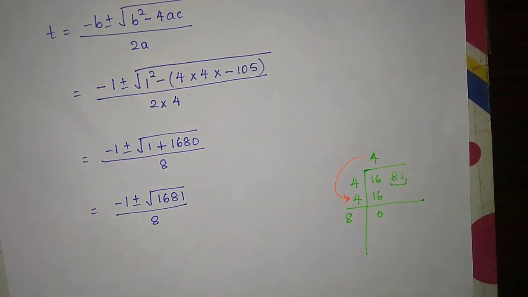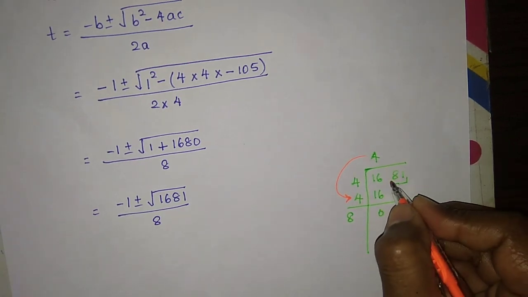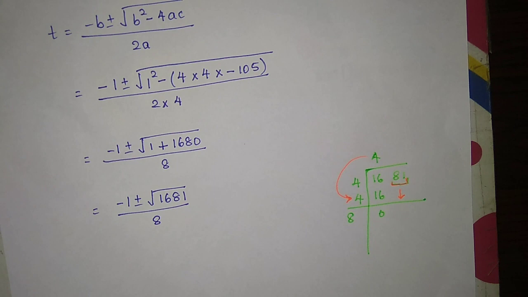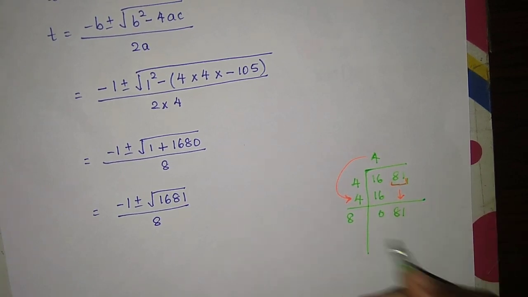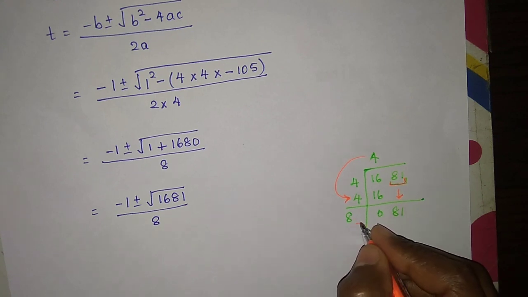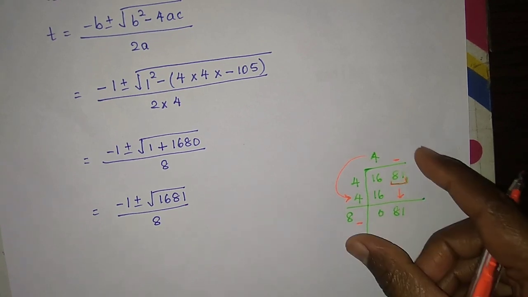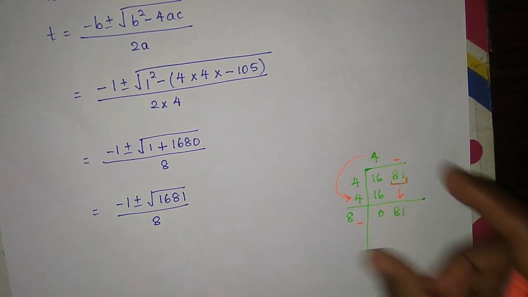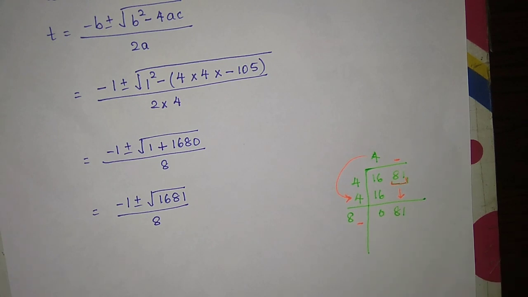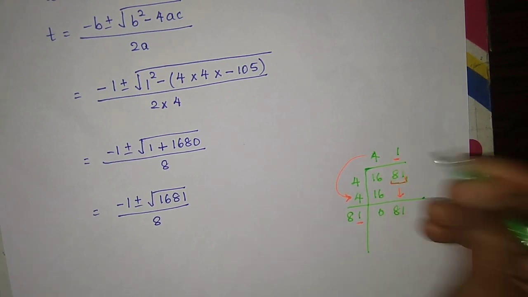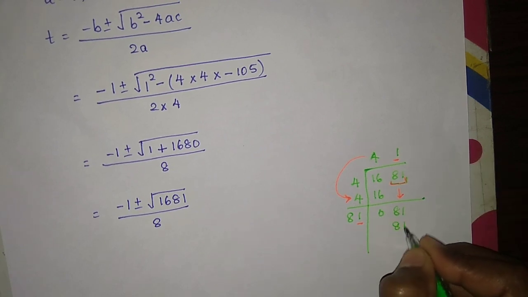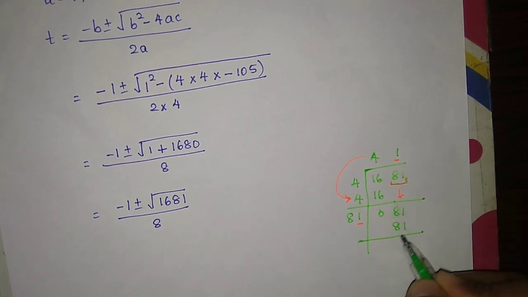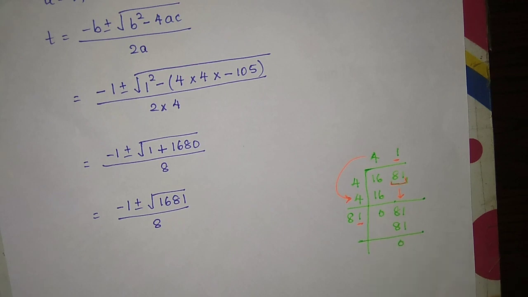Now take this 81 together down. Then we have to find what is the digit here. We have to write so as to get 81. Very clearly, if we take 1, then we get 81. 81 ones are 81. Subtract, we get 0.